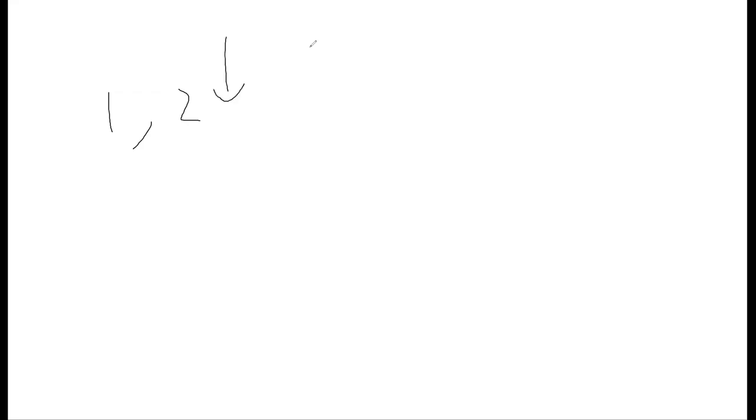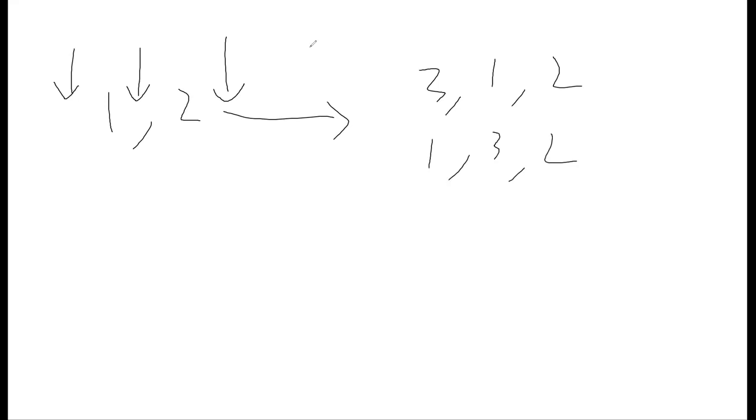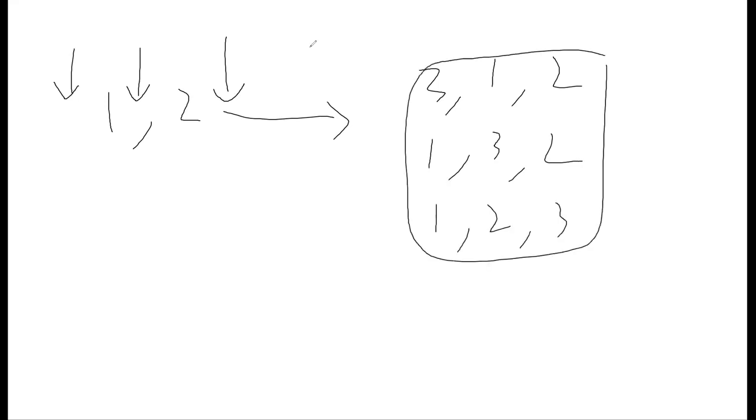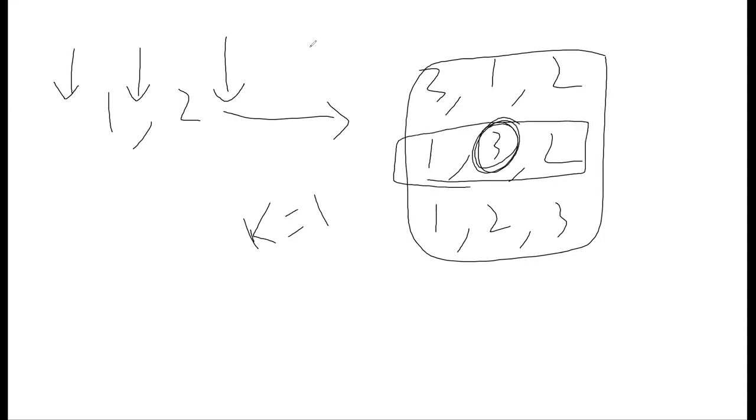Just try to place the next element at every position. In this case, it will be 3, 1, 2; 1, 3, 2; and 1, 2, 3. Out of these, suppose I have k equal to 1. If you can see, this is the only valid position which can solve the problem.